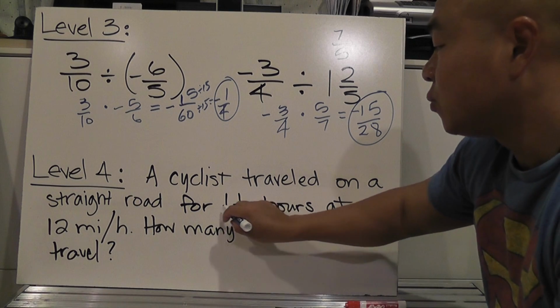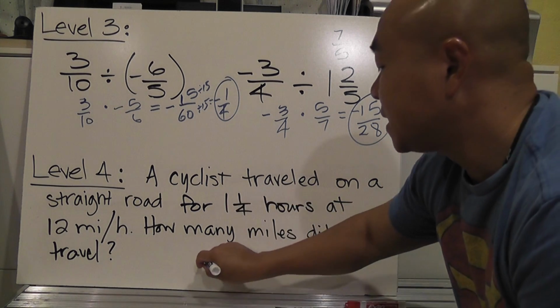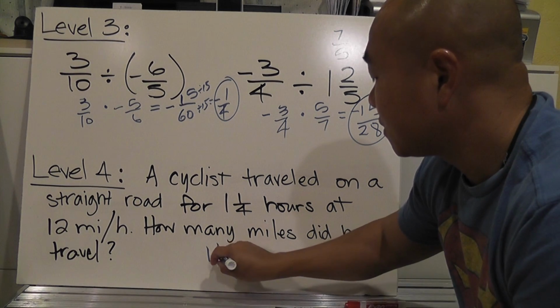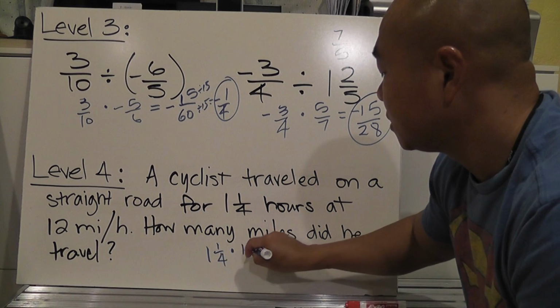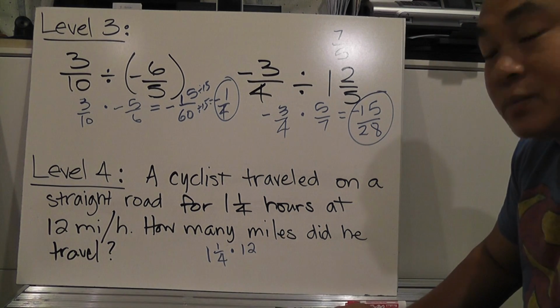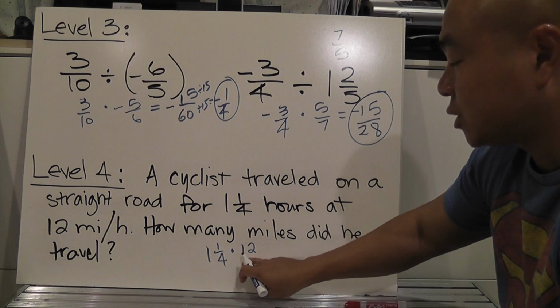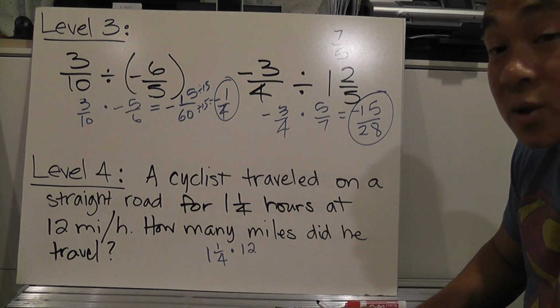Because we know that he's traveled for 1 1/4 hours, we can take 1 1/4 and multiply that by 12. Now that's your improper fraction right here, and that's your whole number right here. We're going to change it so that it makes it easier for us to multiply.